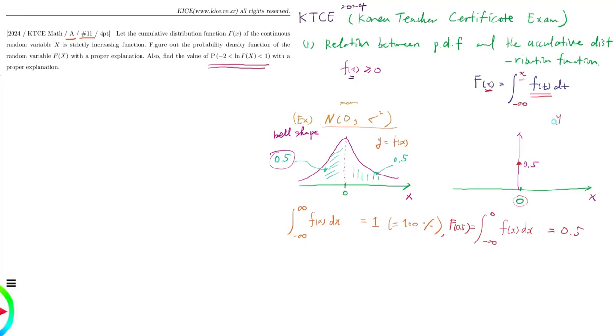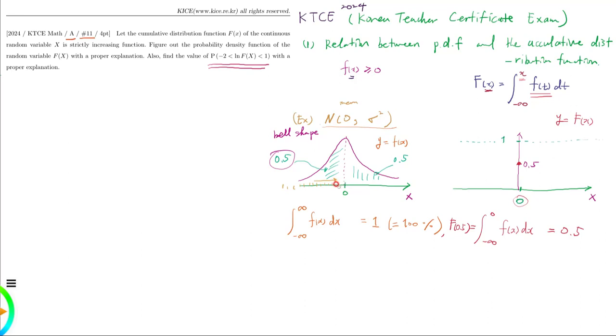So this is a graph for y equals capital F of x, which stands for its cumulative distribution function, and its upper bound is 1. Let us think about its speed of increase.